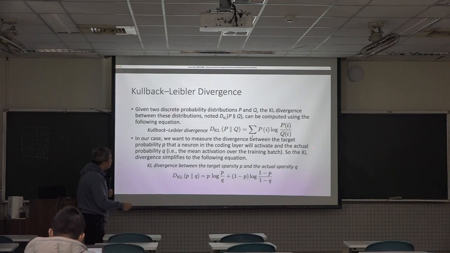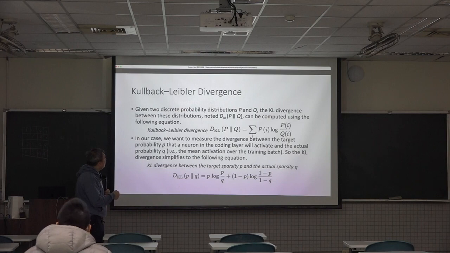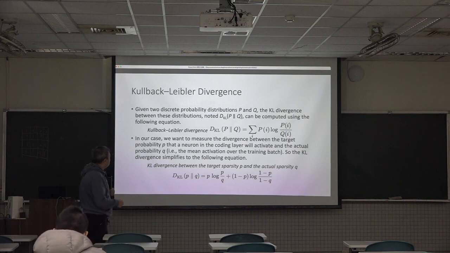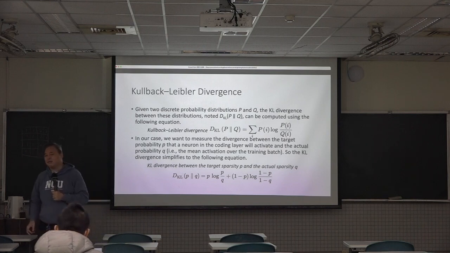Because we are talking about a discrete probability distribution, the calculation is like this. In our application it's even easier, because it's not exactly a distribution. It's just the probability of the activation, just one value.